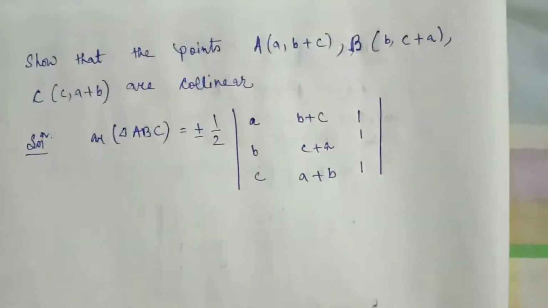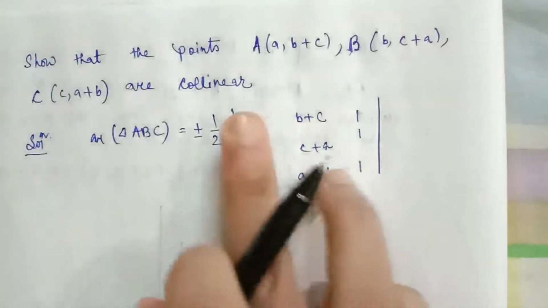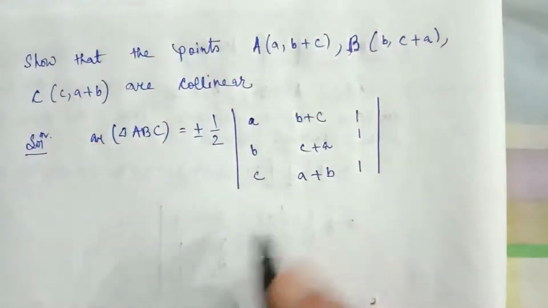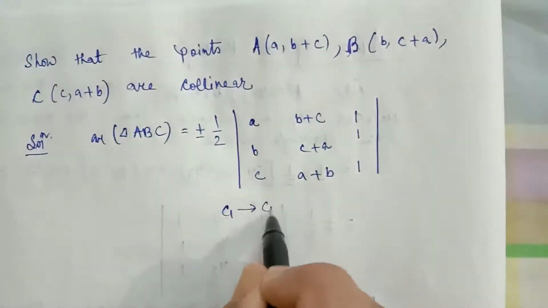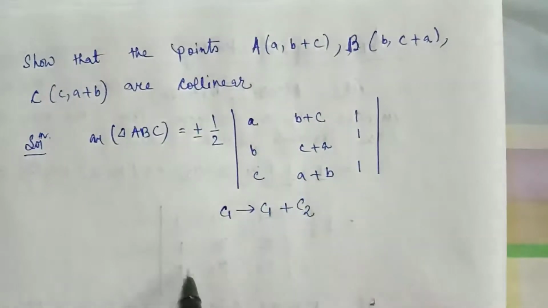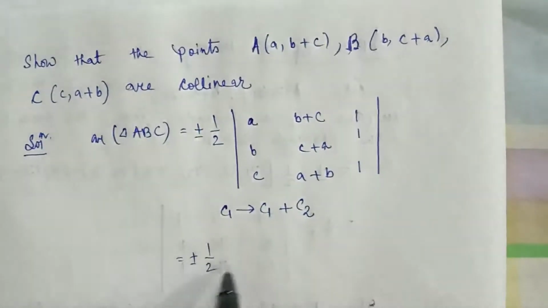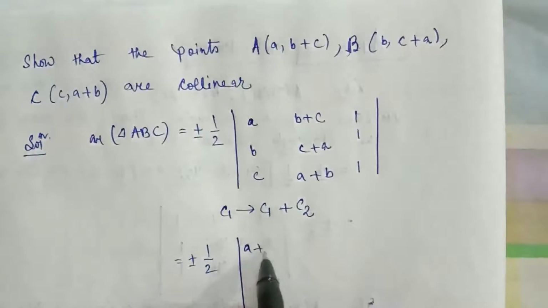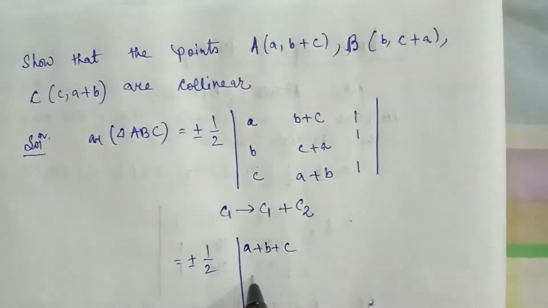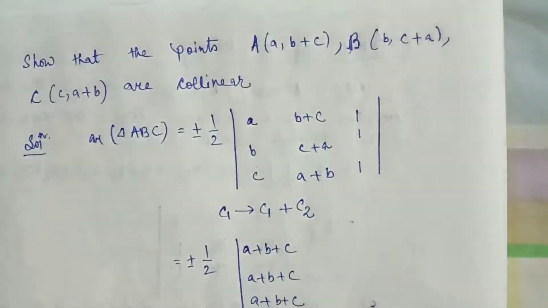Now if we replace C1 by C1 plus C2, our C1 will be a plus b plus c, a plus b plus c, a plus b plus c.